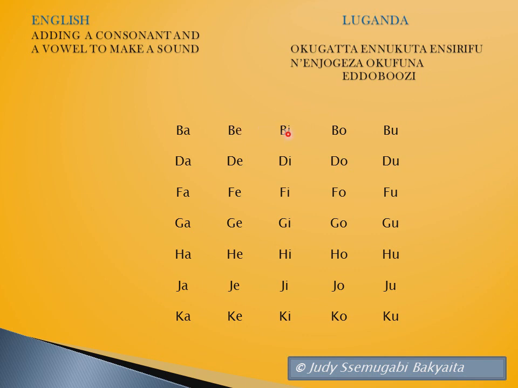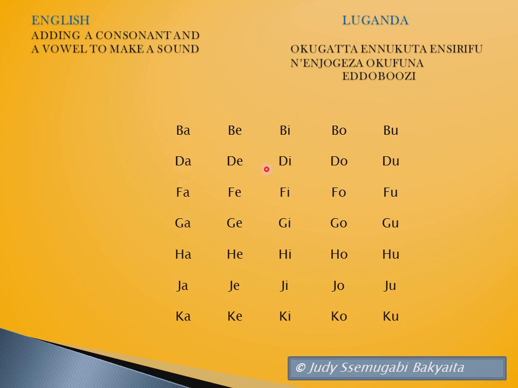Ba plus i, we get bi. Ba plus o, we get bo. Ba plus u, we get bu. So these are the letters. They all sound according to what vowel you add on.